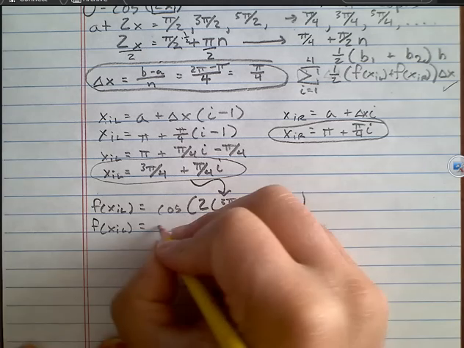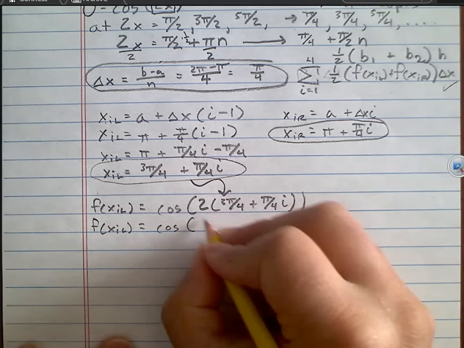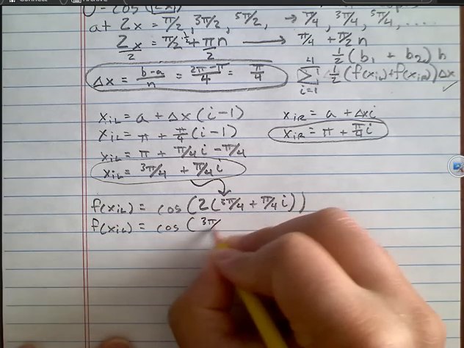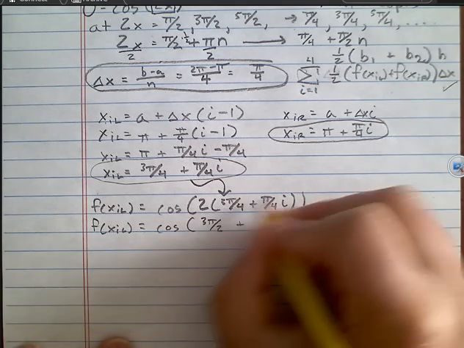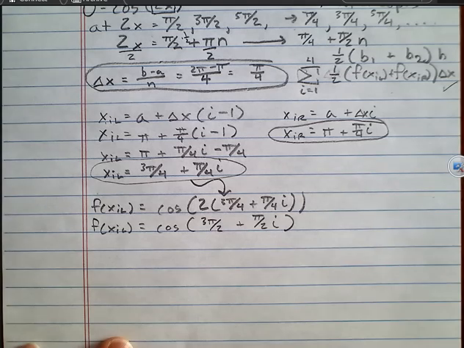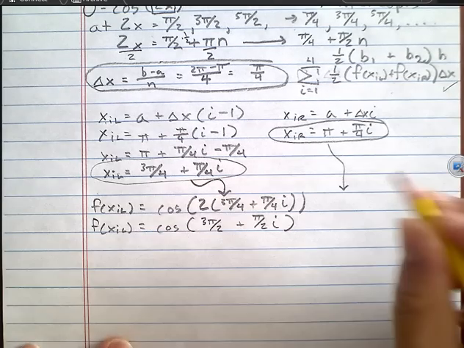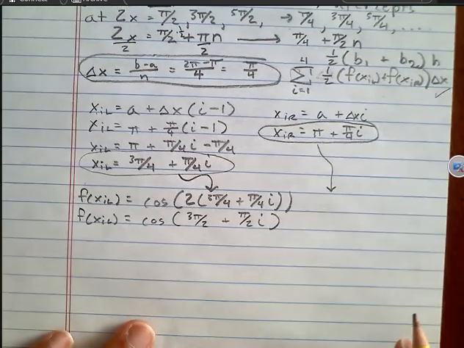Now we're just working with fractions. 2 times 3 pi is 6 pi over 4, which is 3 pi over 2, plus 2 times pi over 4 i is pi over 2 i, and there you go. This seems like a lot, guys, but it's basically crunching numbers, fractions at this point.